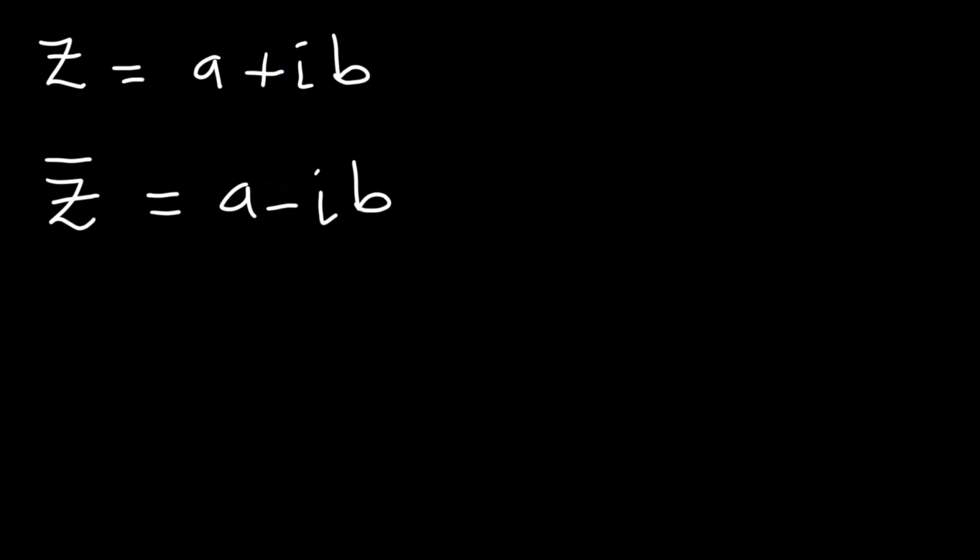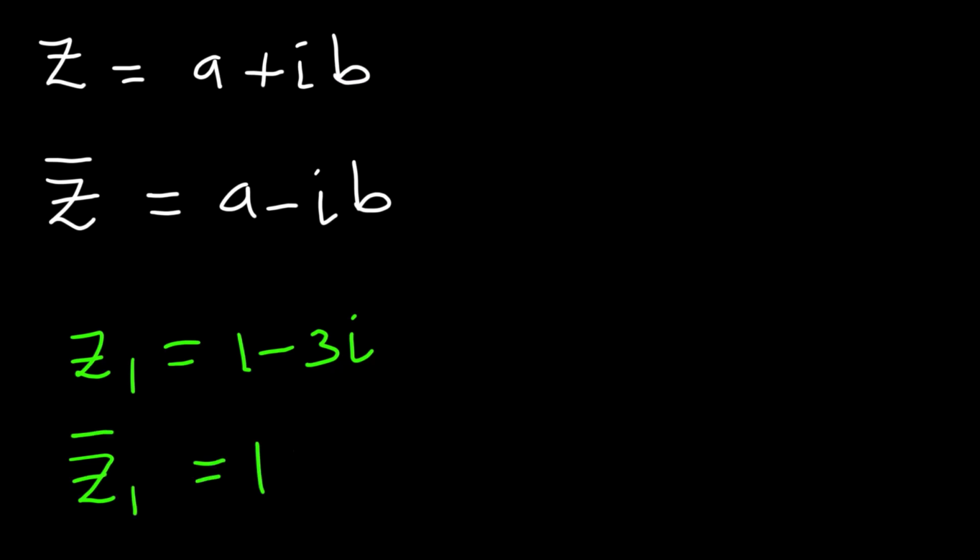Let's look at some examples. Let's say we have a complex number z1 equaling 1 minus 3i. The conjugate of this complex number, which will be z1 bar, will be equal to 1 plus 3i. So the sign on the imaginary part was changed from minus to positive.